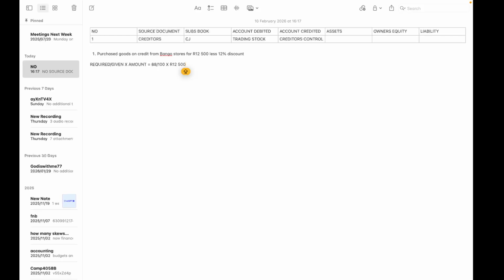You're going to get a figure of 11,000, which is exactly how much you would have bought the inventory for. So you come here and write assets plus 11,000, and then our owner's equity is going to be 0 because it's not affected, and then our liabilities will be plus 11,000 as well. Why? Because we owe our creditors control this much.